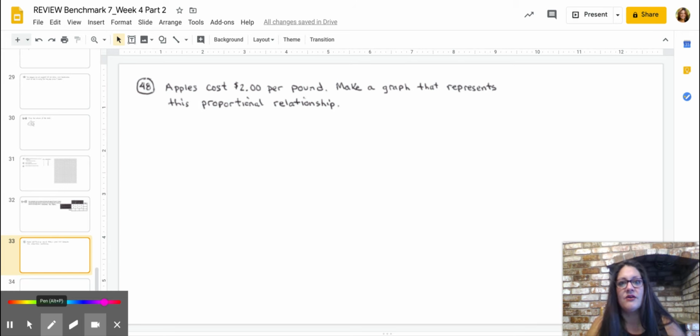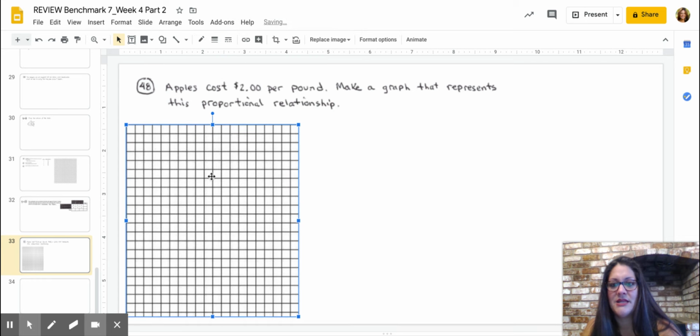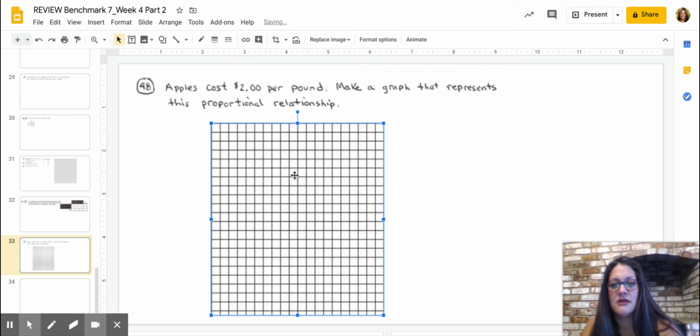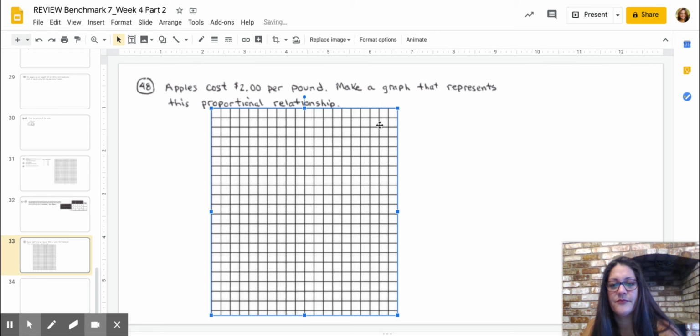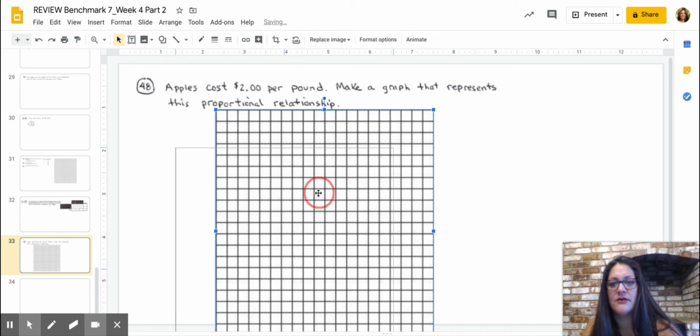All right, let's see if the graph is still on my clipboard. I can just paste it. It's going to be there. Okay. And I do want it a little bit bigger. Let's enlarge it.